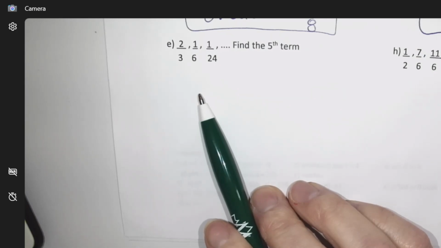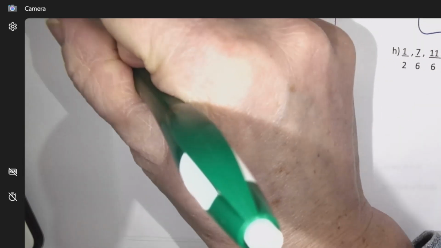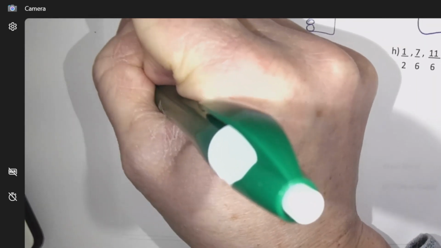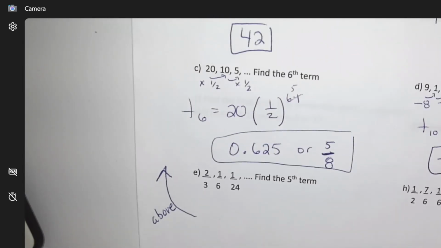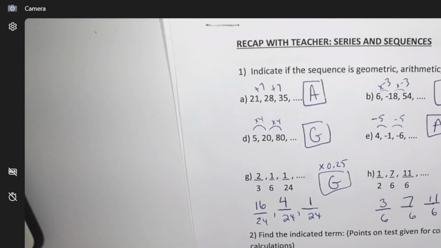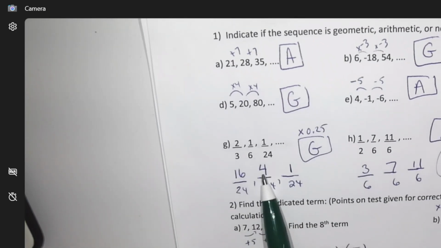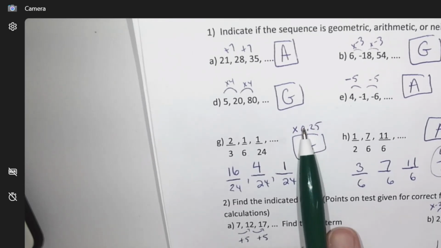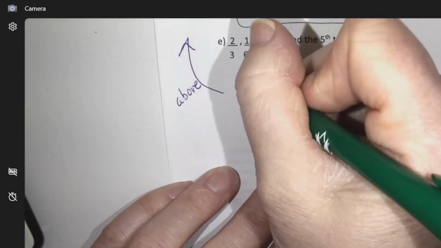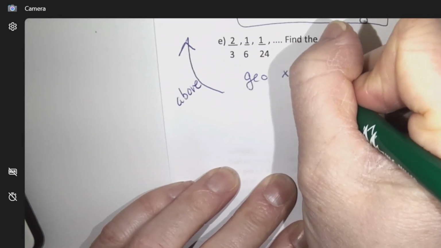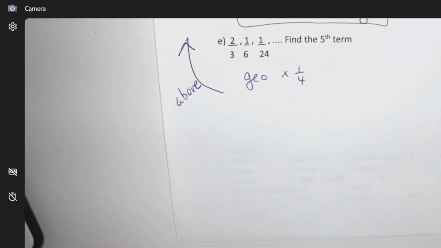You know what we did? We already did this above. Do you see this one above? We already did the work for it. We did it on G. So we determined it was geometric, and we said that we're timesing by a quarter. Okay, so we did this work above.